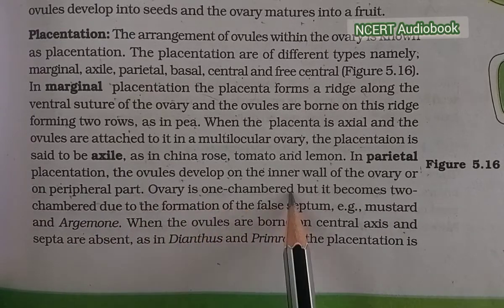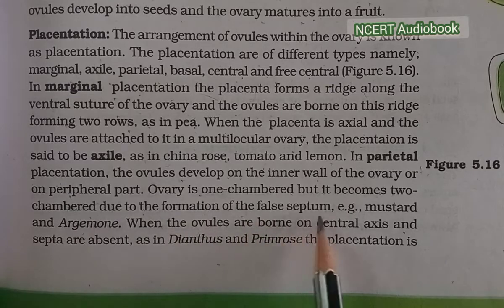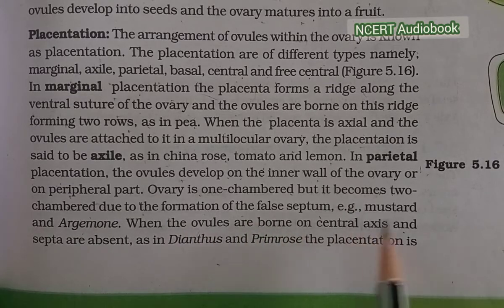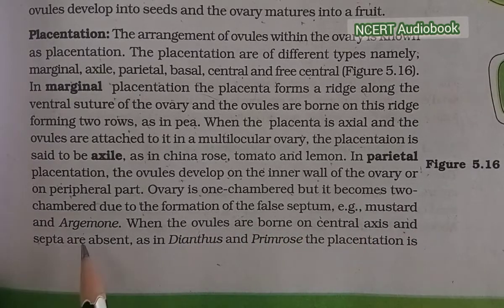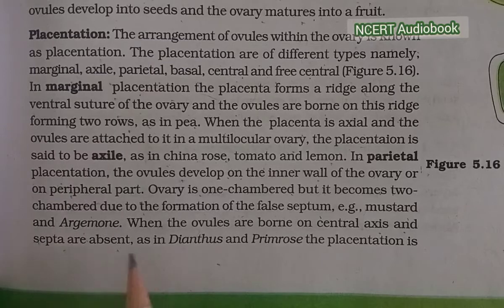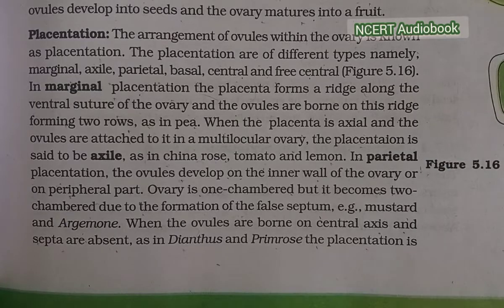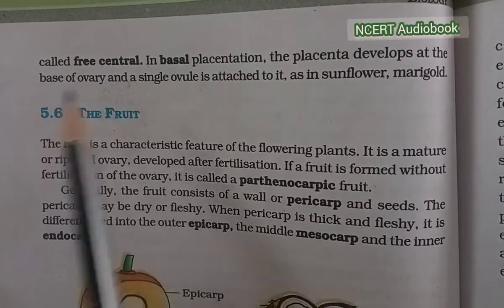The ovary is one-chambered but becomes two-chambered due to the formation of a false septum, for example mustard and argemone. When the ovules are borne on the central axis and the septa are absent, as in dianthus and primrose, the placentation is called free central.